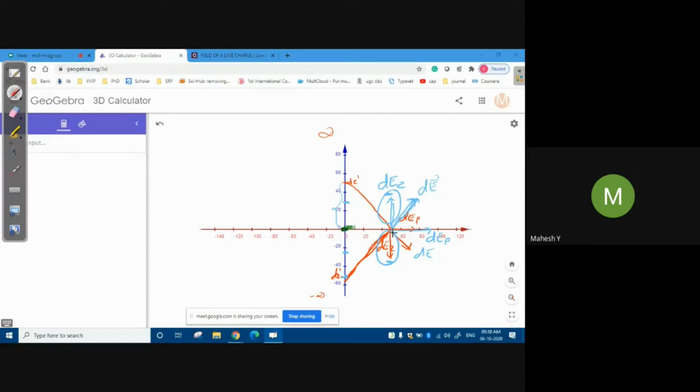That is why we consider symmetrical conditions. Due to this, you get a dE here, and similarly, due to this, you have a dE in the other direction, so obviously that will cancel. So there won't be any dEz component, but a dE rho component will be added, right? So is it clear how dEz is cancelled? Does anyone have a doubt? Do I need to repeat anything? Please tell me if you have confusion in this.